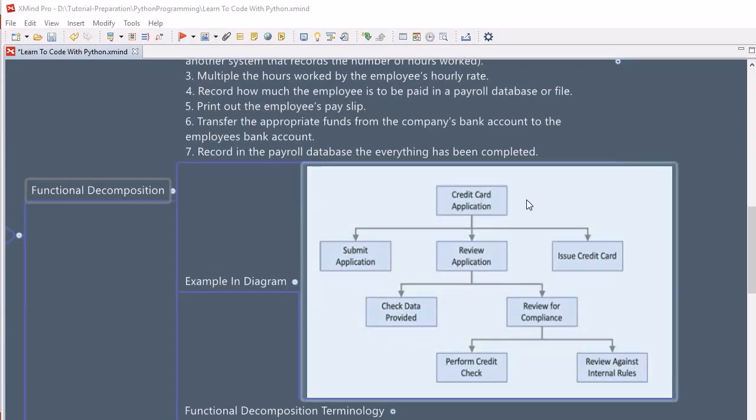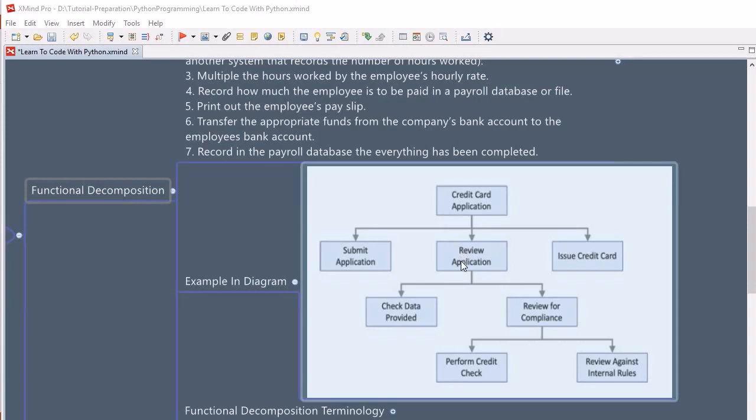For example, if you are writing a credit card application, it contains the following functions. Just for demonstration purposes, I have used only this number of functions. It contains a submit application function, a review application function, and an issue credit card function.